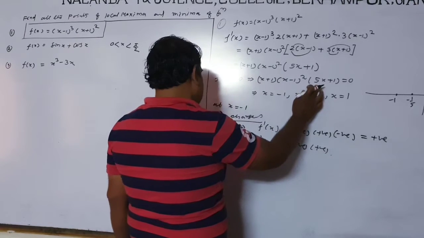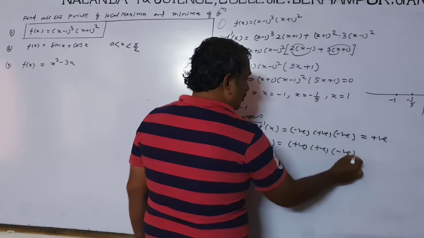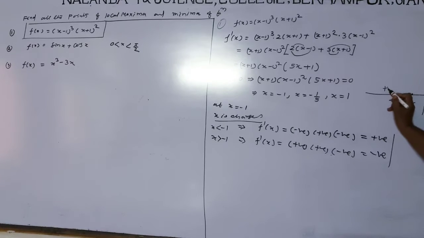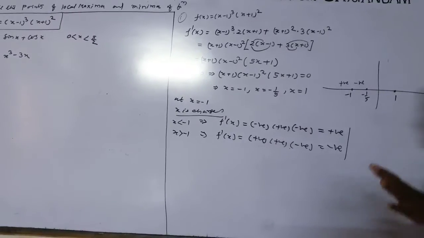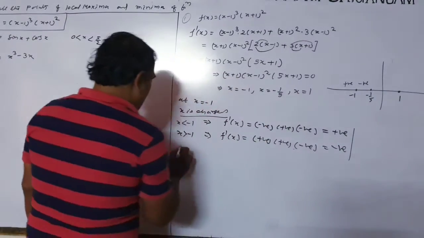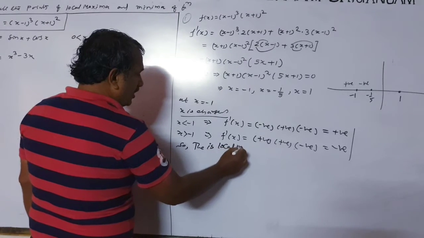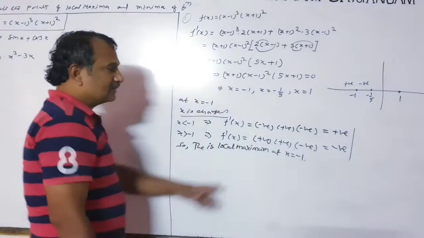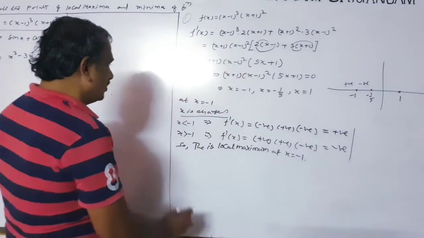Then this is negative. So when x is equal to -1, the sign goes from positive to negative, so the function has a local maximum at x equal to -1, because here it is positive to negative.